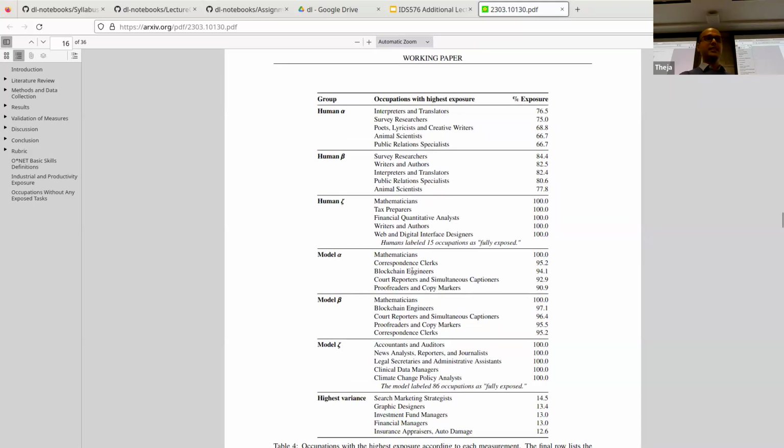Basically that table and table 4 are saying the same thing: occupations with highest exposure to GPTs. You can see the exposure levels are pretty high. Exposure just means where they might have to adapt their workflows, whatever they're doing.